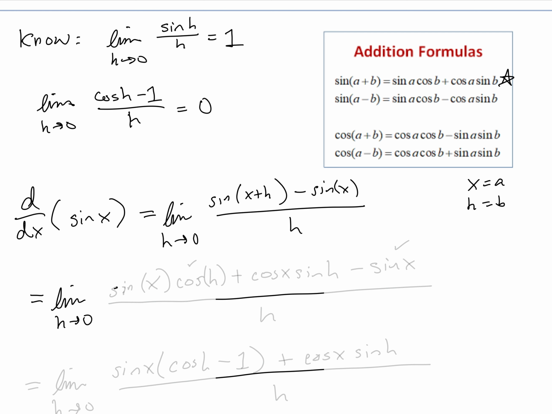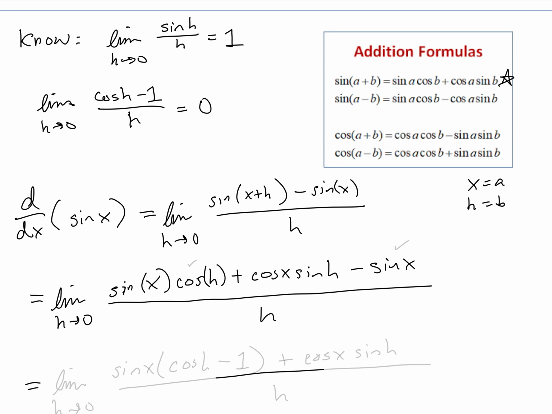So that's sine of a, that's x, cosine of b, that's h, plus cosine of x, sine of h, and so that's all sine of x plus h expanded using the addition formula, a trig identity, minus sine x, so that's still up there, all divided by h.